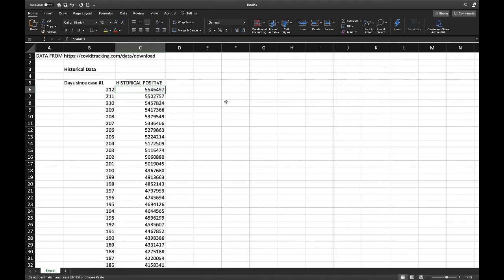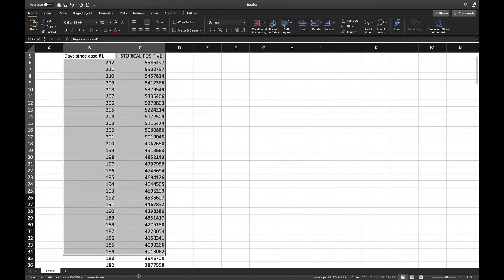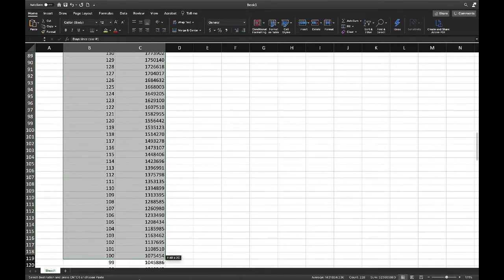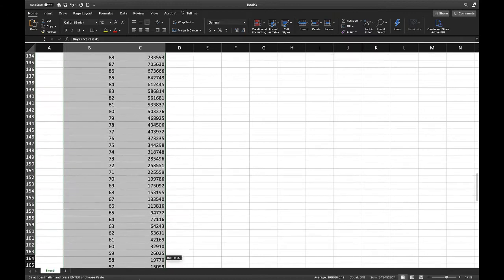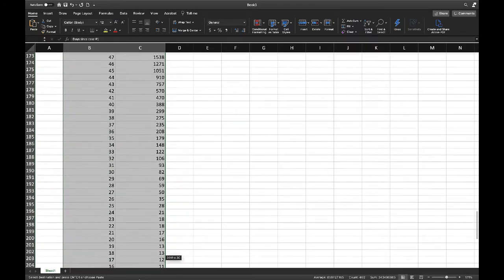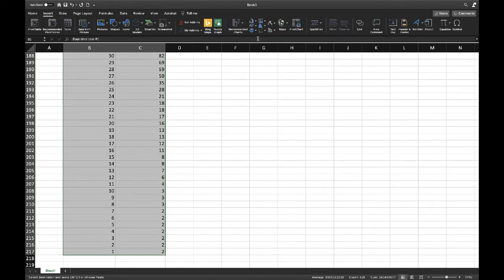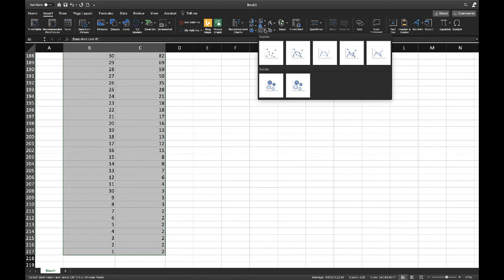All right, so what we want to do is see what this looks like in a graph and then fit a curve to this so that we can approximate the type of growth that is happening in this particular data set. So I'm going to select the data that I want to graph, and then go Insert, and we're back to the XY scatter plots again.